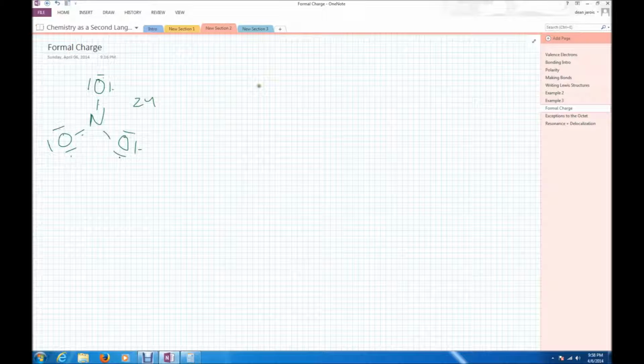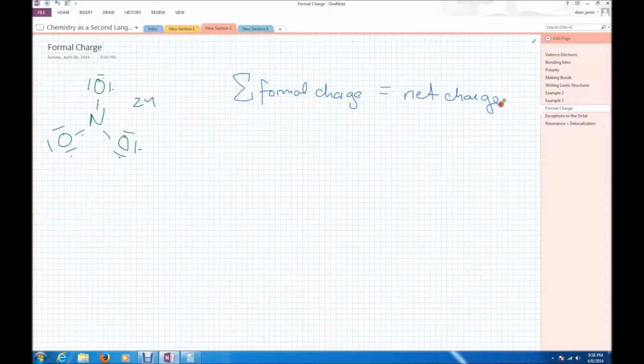So formal charge is the charge of the individual atoms, and the sum of the formal charges, so this is a fancy symbol that represents sum, formal charge should equal the net charge of the entire molecule. So let's get this straight.